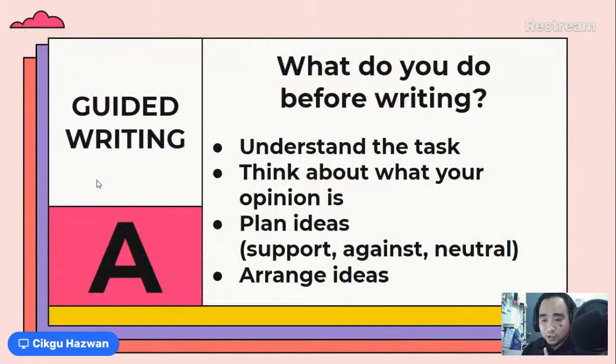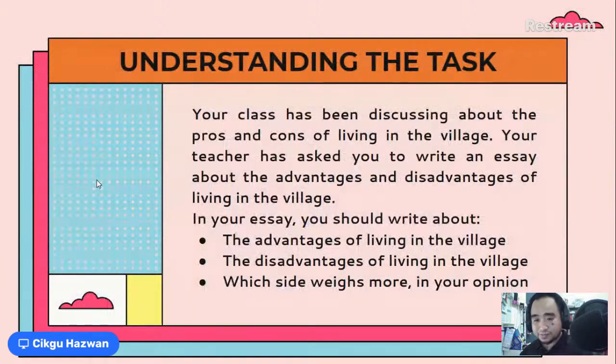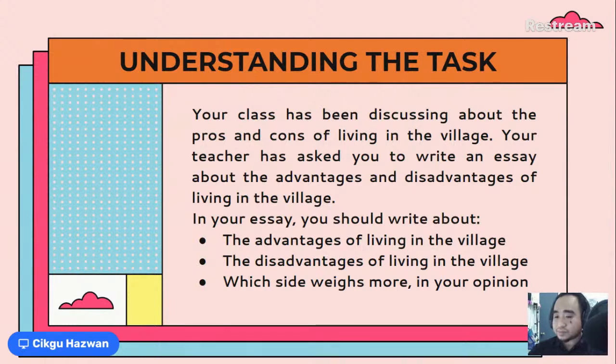So understand the task, think what your opinion is, and which side you are on.